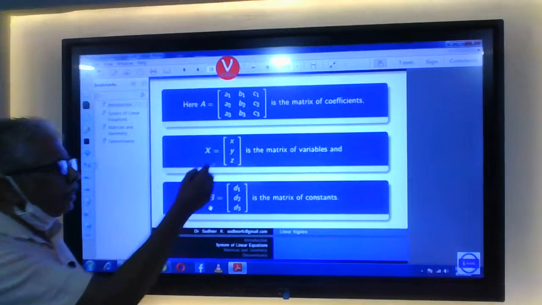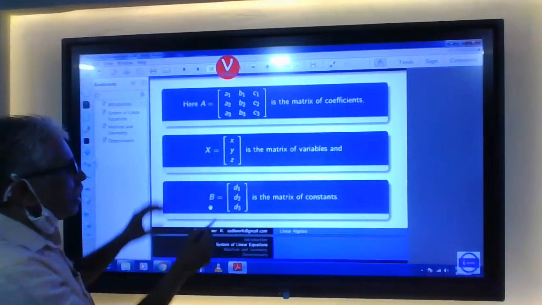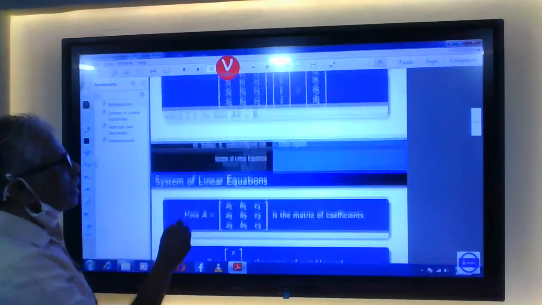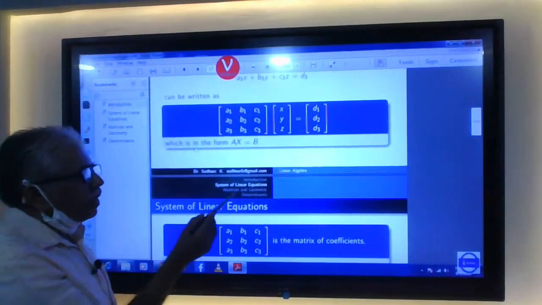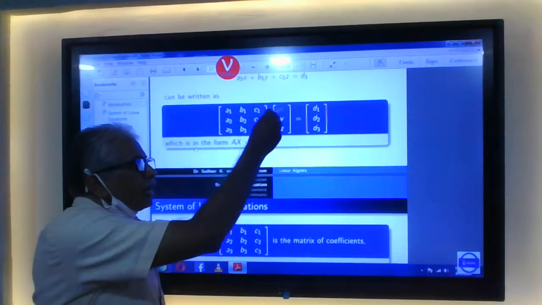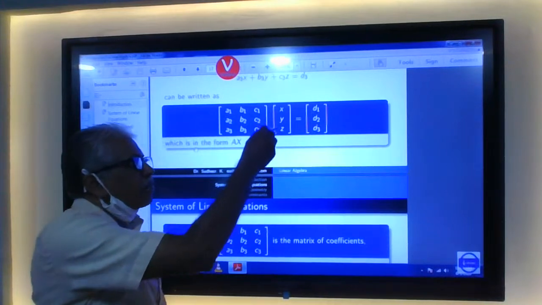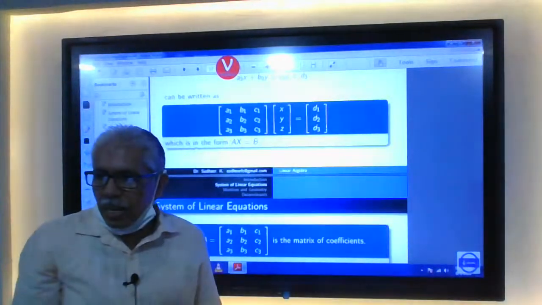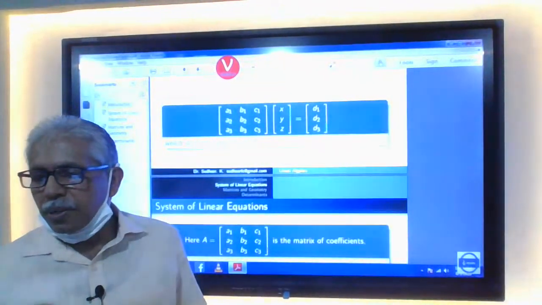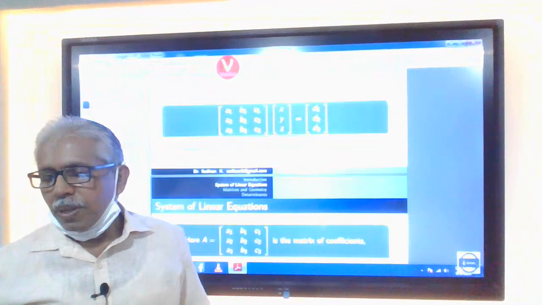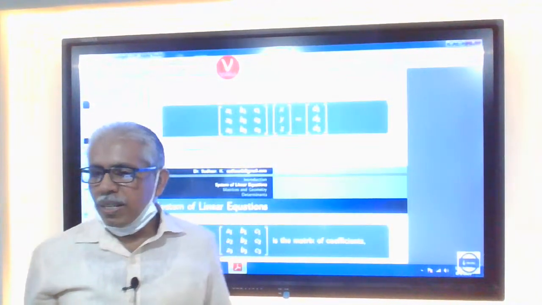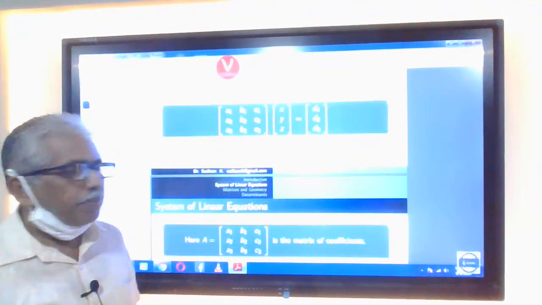Now, actually, this matrix product AX is equal to B is telling what? The point represented by the column matrix XYZ is converted into another column matrix D1, D2, D3. Or you can say a matrix is changing points.